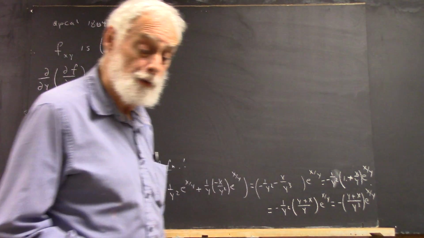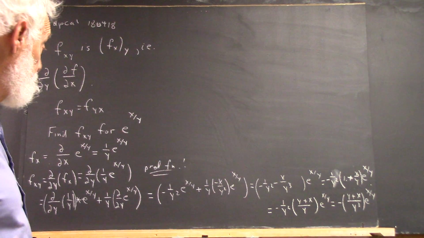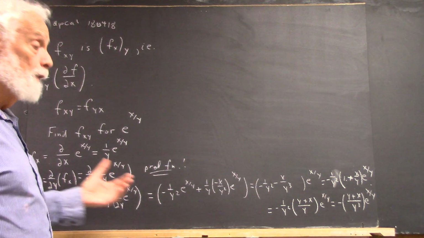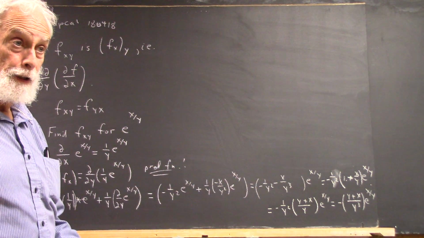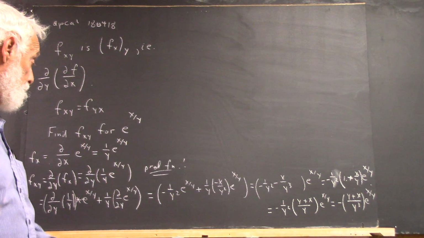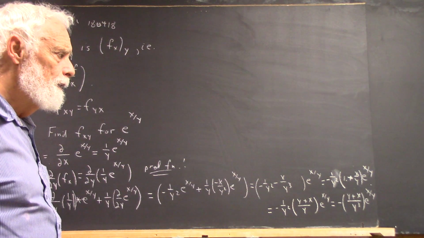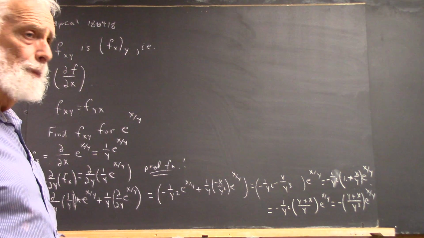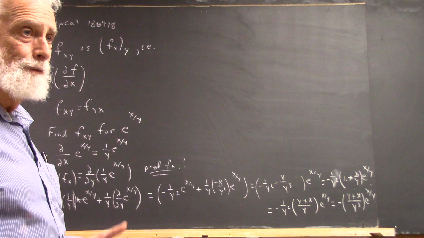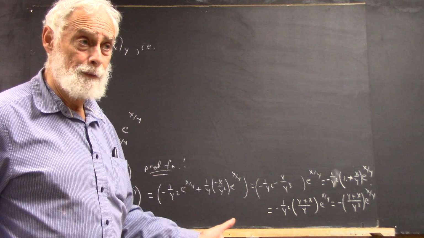But there it is. And again, the process of doing the partial derivative, I want to emphasize, you have to be very careful to apply the rules one at a time and very meticulously. Especially since this is the first time in second semester applied calculus that we've done much of anything with derivatives.